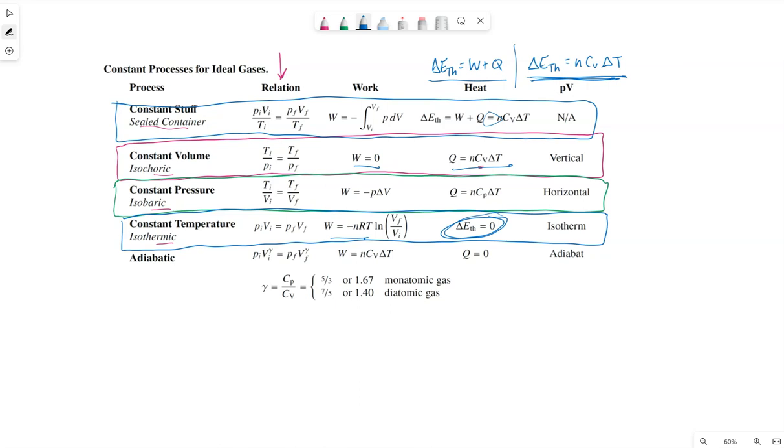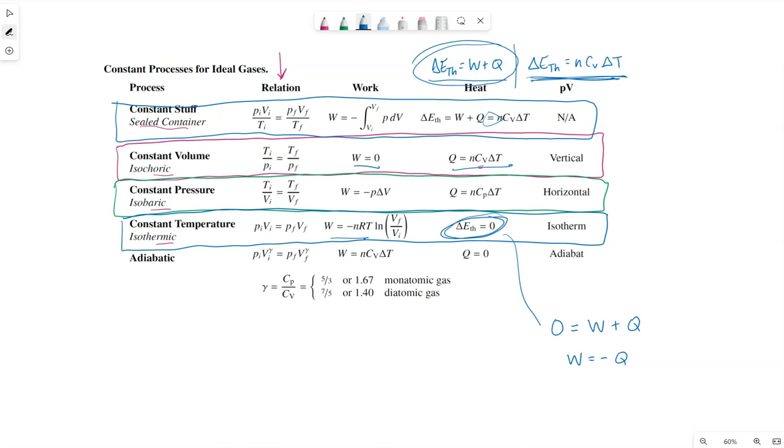So if the temperature is not changing, then that internal thermal energy is not changing either. What that means, if we think about this first law of thermodynamics, is that 0 would equal work plus Q. So whichever one I bring to the other side, the work would be the opposite of Q. It would be negative Q.